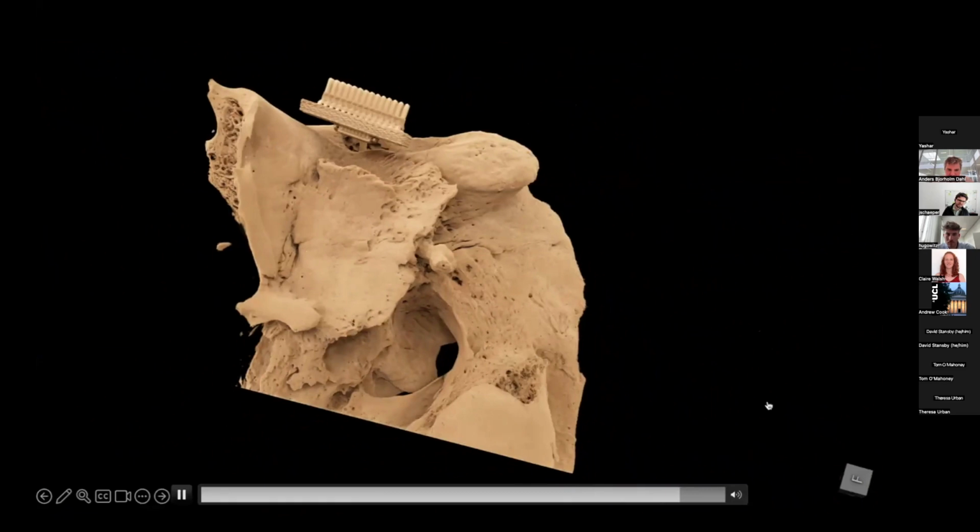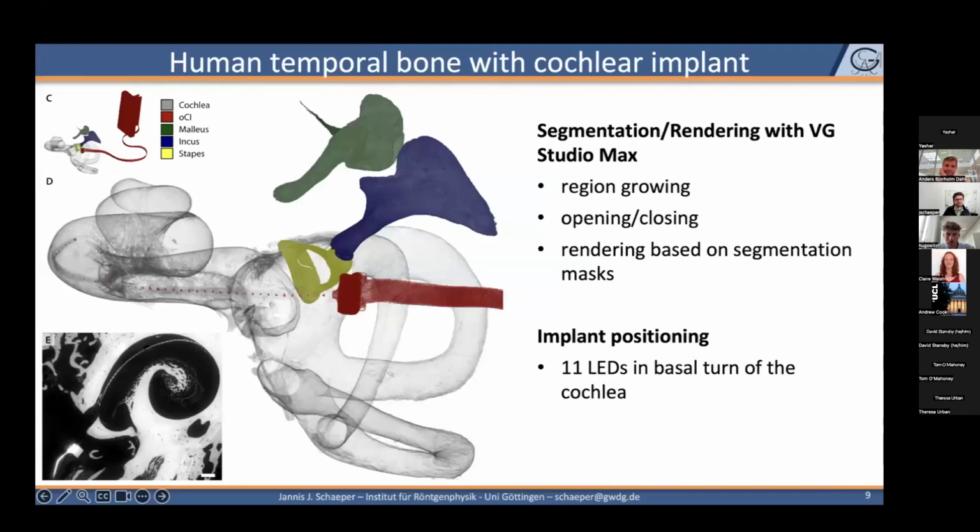I also did a segmentation to have a better look at the optimal implant positioning. And here the implant was put into the basal turn of the cochlea. And here you see the single LEDs. And this is, of course, interesting. The cochlea builds a tonotopic map. That means that different frequencies are resolved at different points in the cochlea turns.